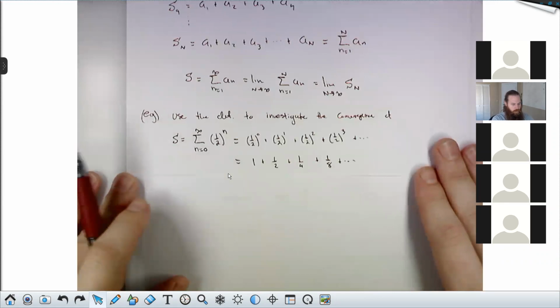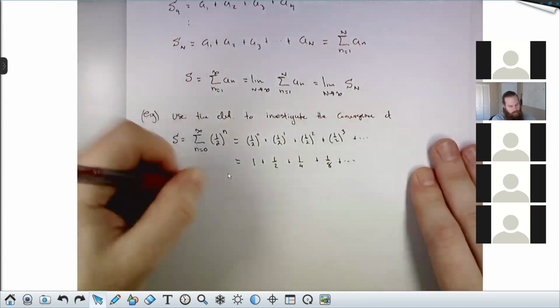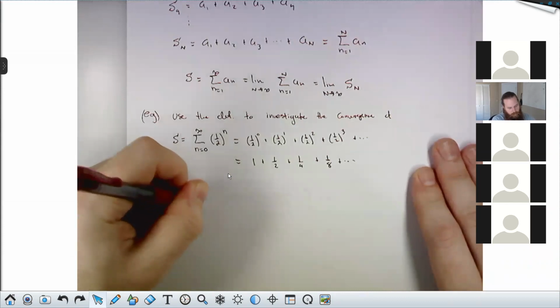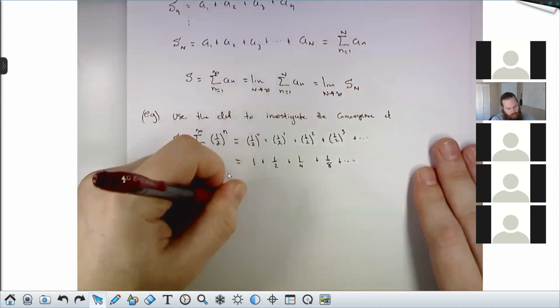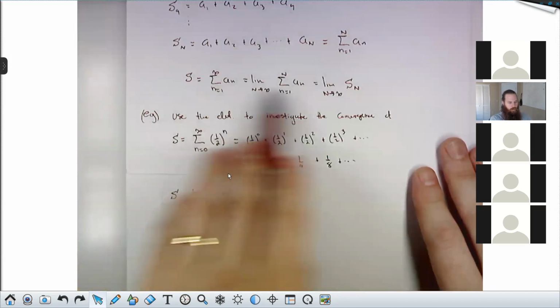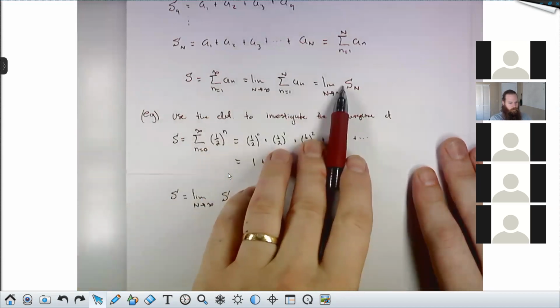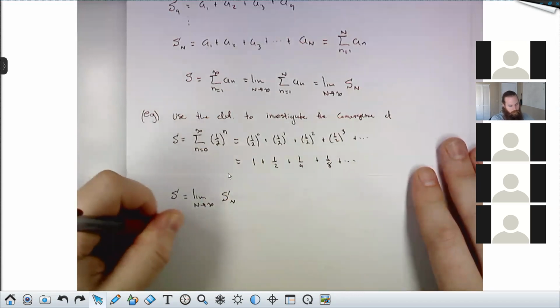We know, according to the definition, that S is the limit as capital N goes to infinity of Sn. That's what we just wrote down. Well, what is S0?